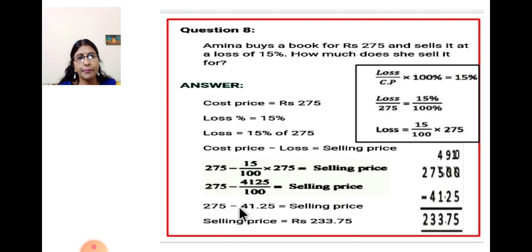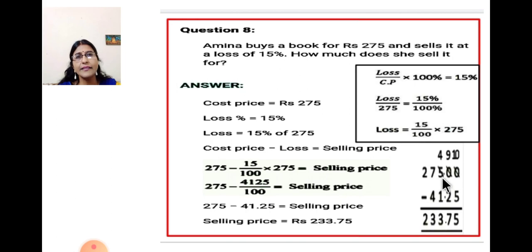And then you can subtract these two numbers. Here you can see it is done. 275.00. You can add 0 here because here there are 2 decimal places. That's why you should write like this. Then you will not make any mistake. And then minus 41.25. And then you can subtract, 10 minus 5 is 5. And then this will become 9. 9 minus 2, 7.